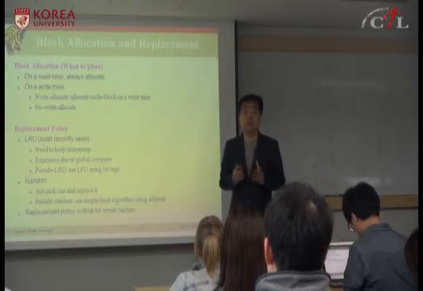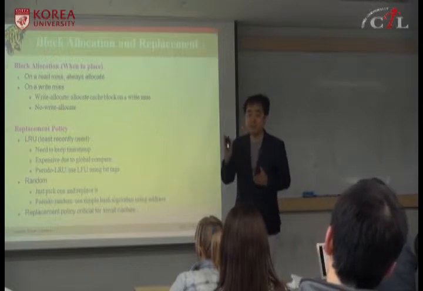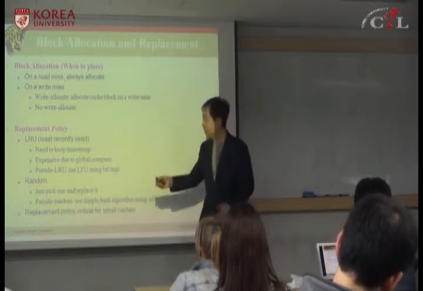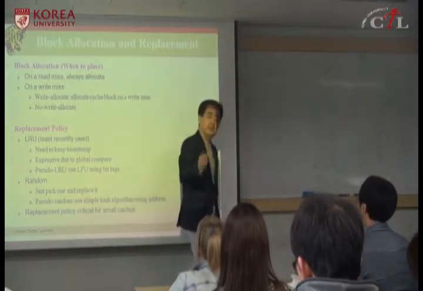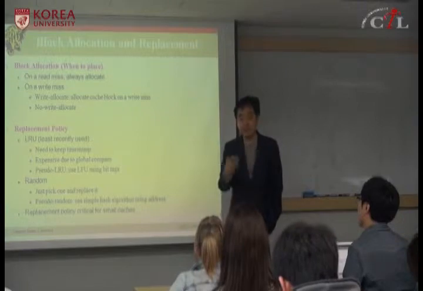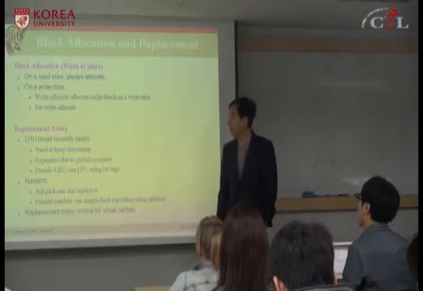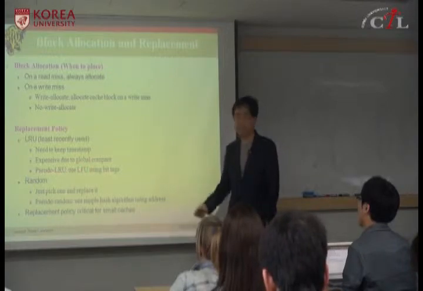It's close to LRU, but not exactly LRU. They use a few bits, called least frequently used bits. Whenever you access, you set the bit, and from time to time you reset it, and so on. This can approximate LRU, and it's called pseudo LRU.